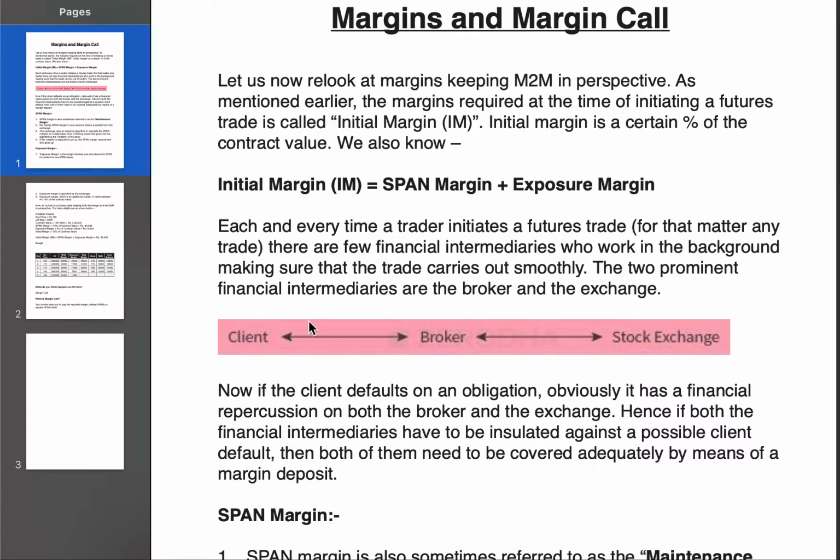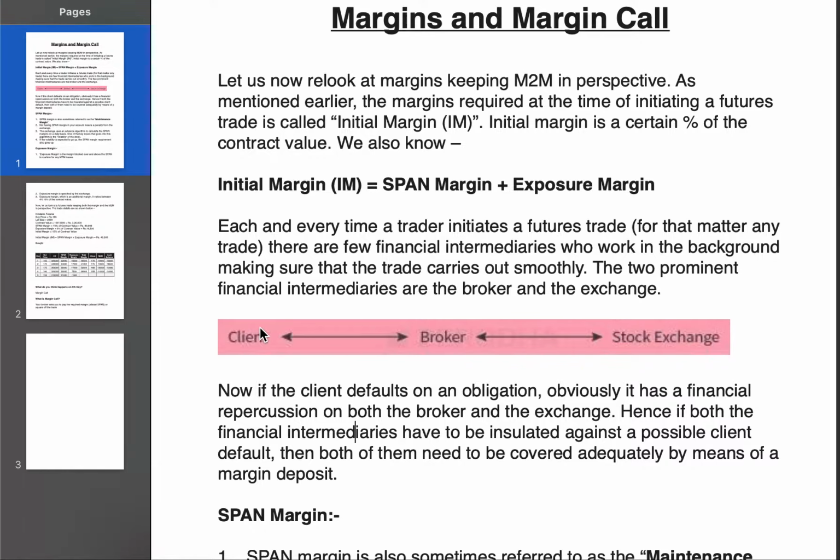So, what happens is a client deals with the stock exchange through a broker. That means if a client enters into a futures contract, the broker is liable for the client, and the stock exchange is liable for the broker.